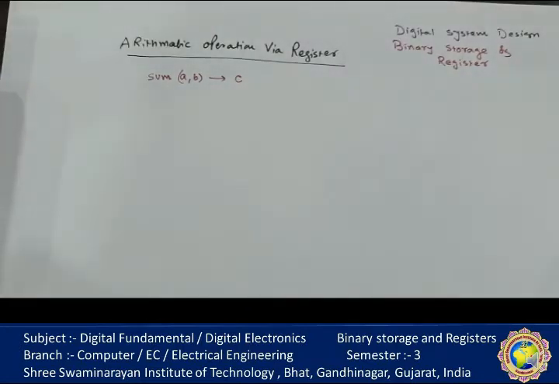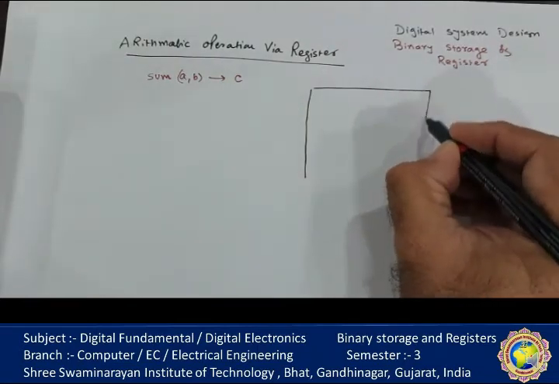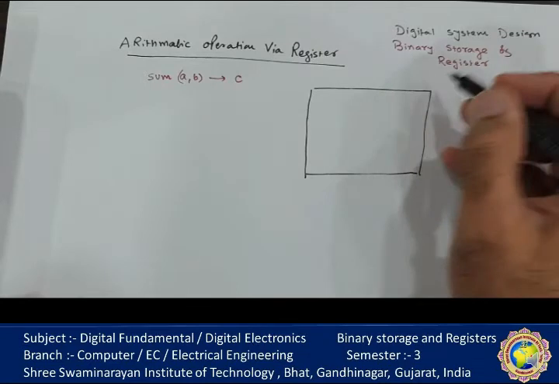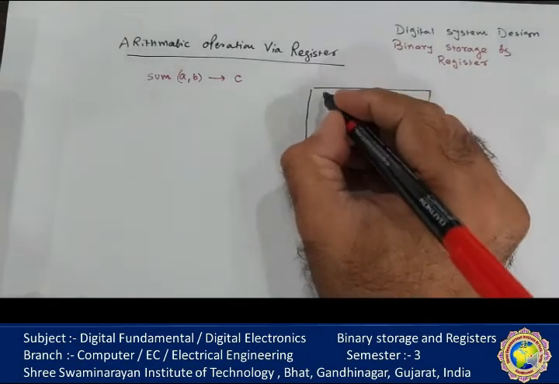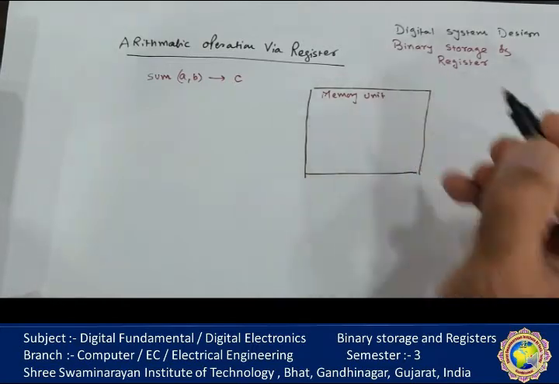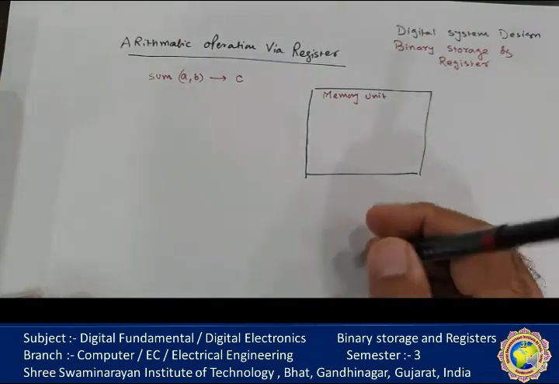One is the memory unit, which has all the data, input or output, and the second is our processor unit.